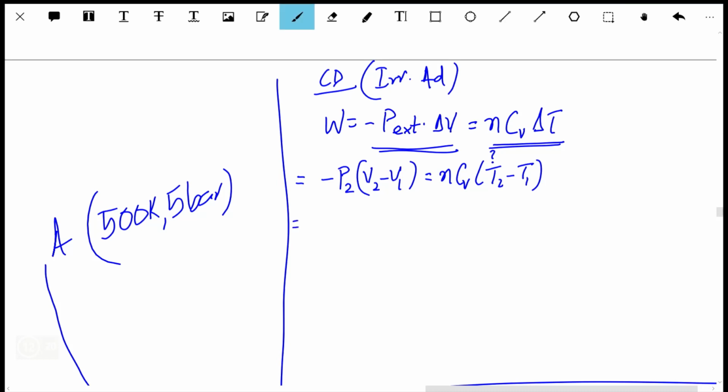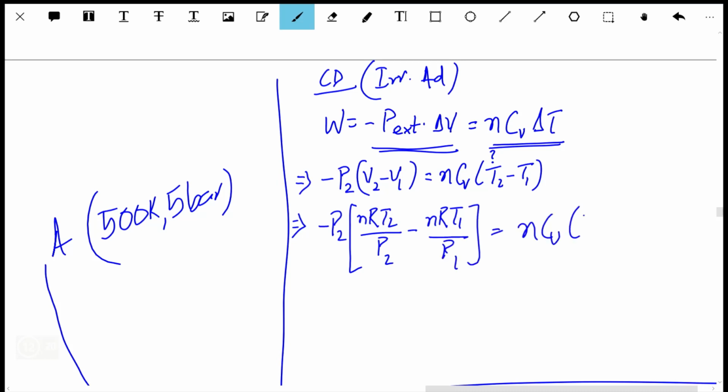For the left hand side, P2 is known. I write V2 as nRT2 by P2 and V1 as nRT1 by P1. So in this case, T2 is the only variable in this set of equations.